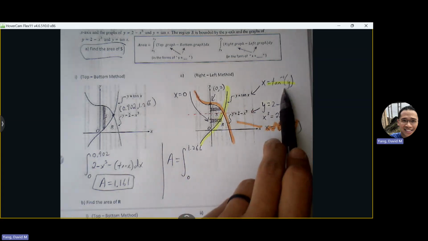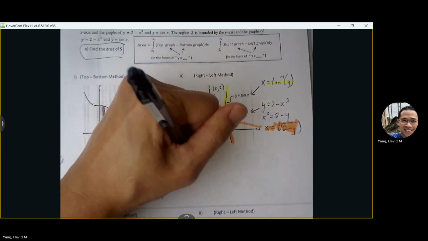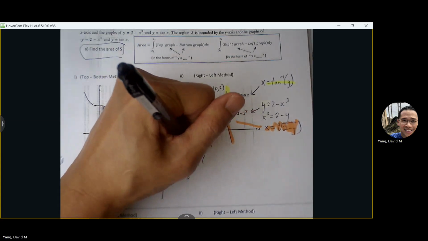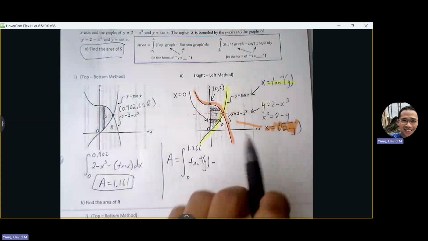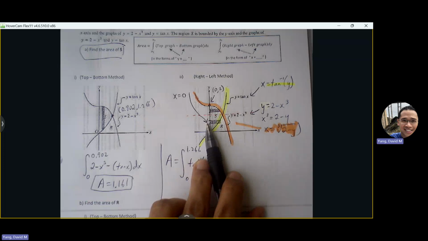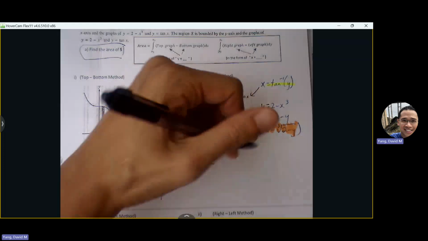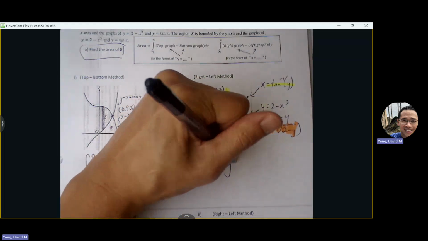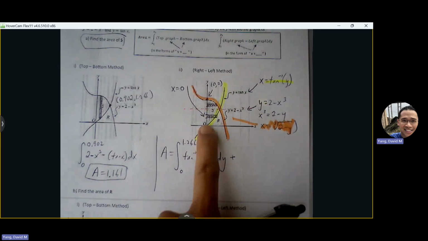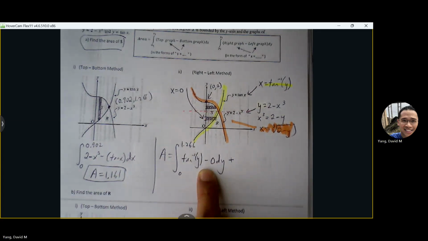My yellow graph is that inverse tangent of y. Minus my left endpoint of my rectangle is sitting at the 0, so minus 0 dy.